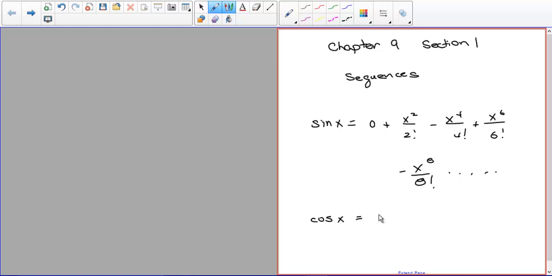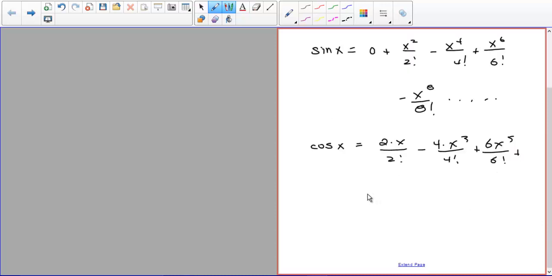And so if I take the derivative of this, I'll get 2 times x over 2 factorial. And if I take the derivative of that, I'll get 4 times x cubed over 4 factorial. I take the derivative of that, I'll get 6x to the 5th over 6 factorial. And you can do that for all the terms.